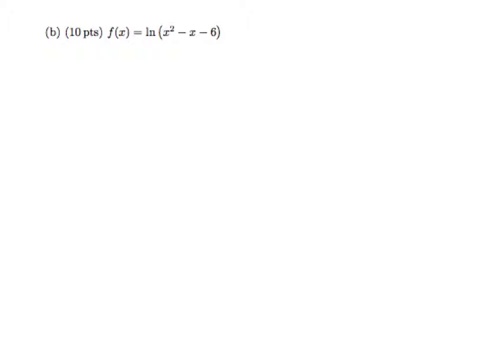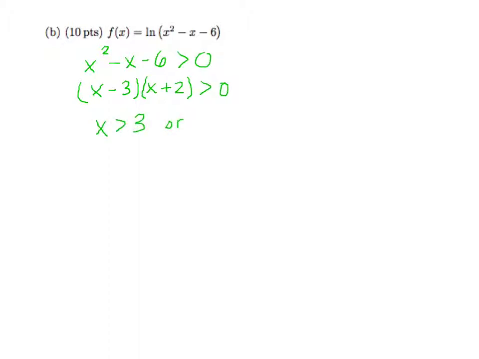So we're going to set this x squared minus x minus 6 greater than 0. And we can factor this to be x minus 3 times x plus 2 is greater than 0. So x has to be greater than 3, or x has to be less than negative 2.